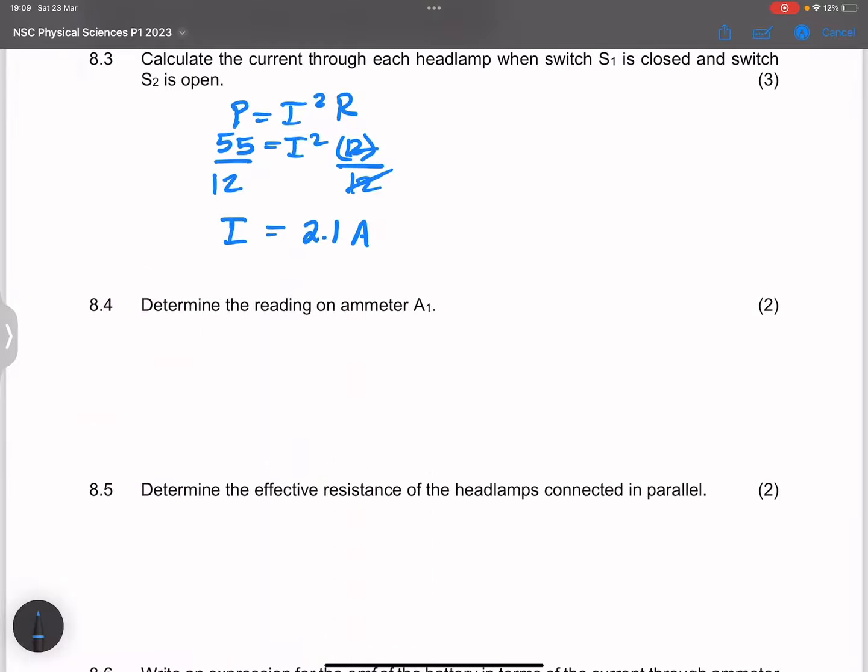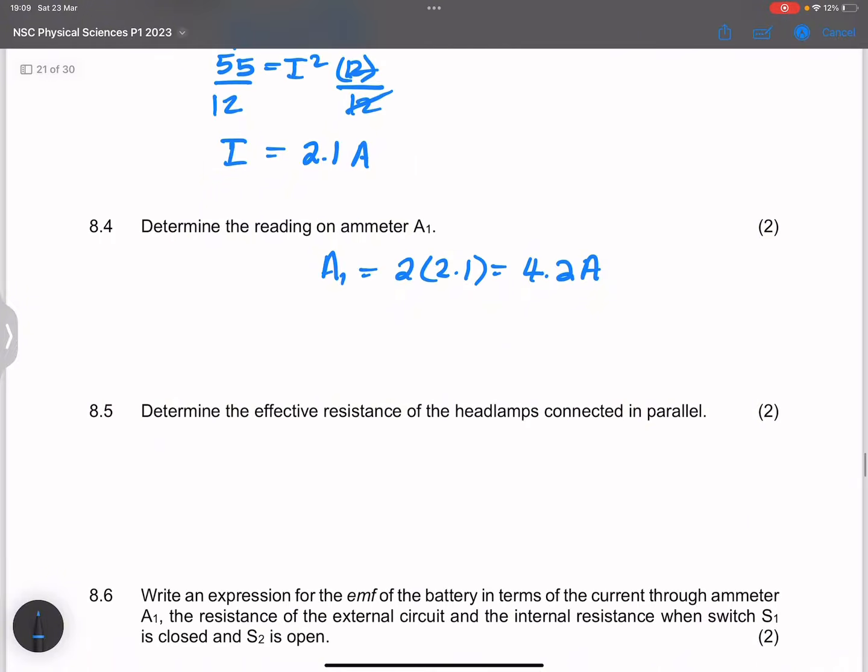So the current on A1 will be 2 times 2.1, which is 4.2 amperes. Right, now they say to you, determine the effective resistance of the headlamps connected in parallel.